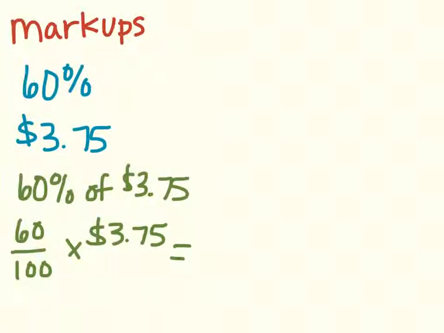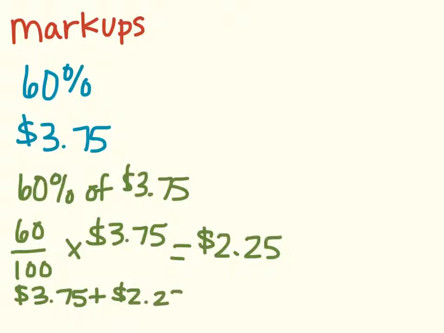That gives us an answer, once we multiply it all the way through, of $2.25. So the markup is $2.25. That means the final price of the fish is $3.75 plus $2.25, or $6 per pound.